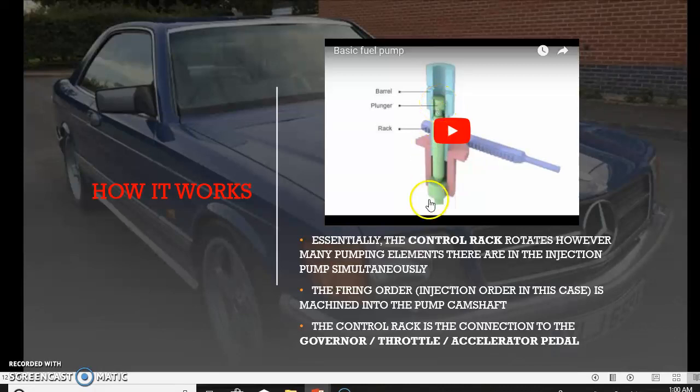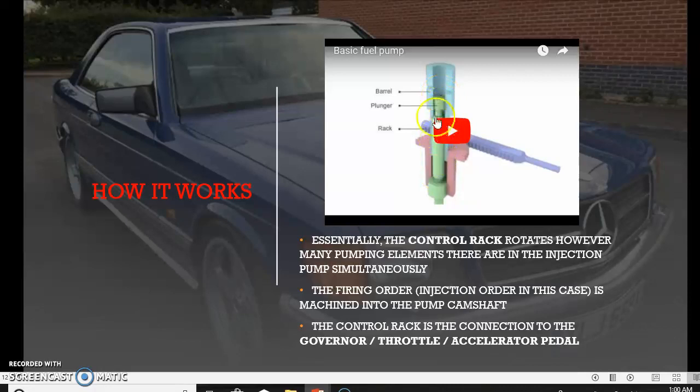Now, the actual firing order or the injection order in this case would be machined into the actual injection pump camshaft. So below here, there's a camshaft that spins that will push up on this plunger. That layout of that camshaft will determine which piston is going to be pumping at which time, because each of these is connected to a cylinder.